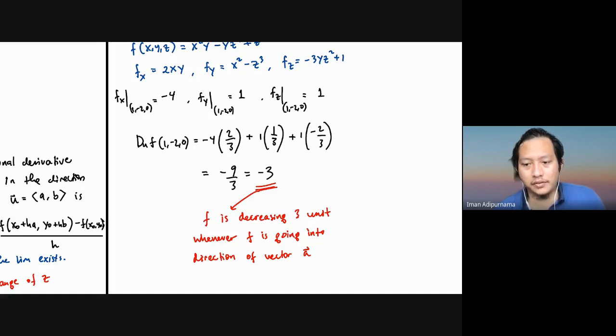So basically, you can find the derivative when it has some specific direction of some vector, and it can be in any way you want, depending on the direction.